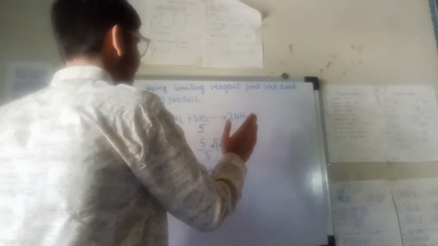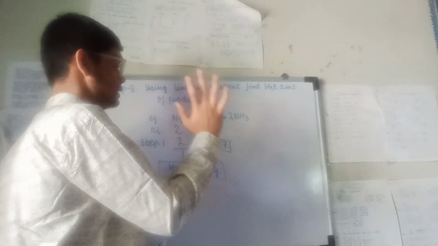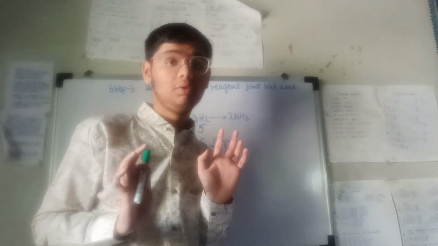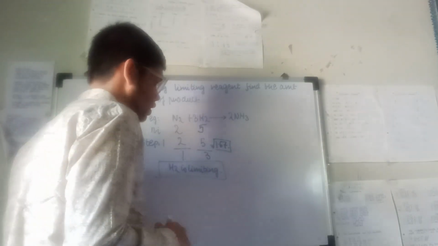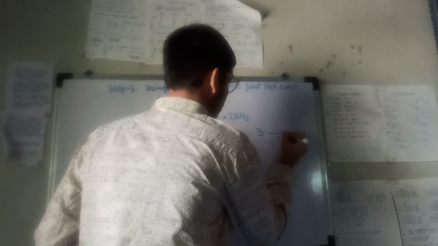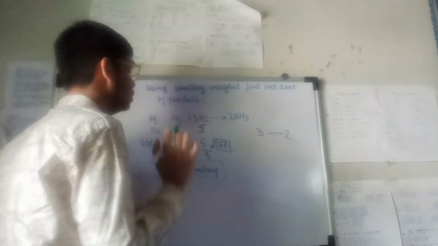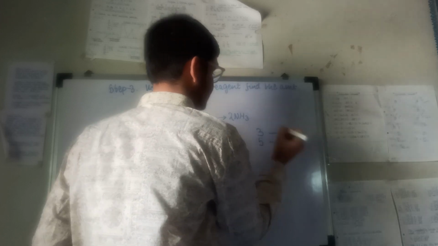Simple. Now how to calculate the product? We are asked the moles of the product. Do with me, a simple unitary method. 3 gives 2. 5 were the initial moles, 5 will give x.